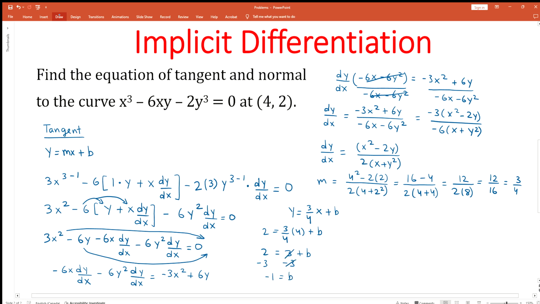I get b equals negative 1. So the equation of the tangent line is y equals 3 over 4x minus 1 in slope-intercept form.